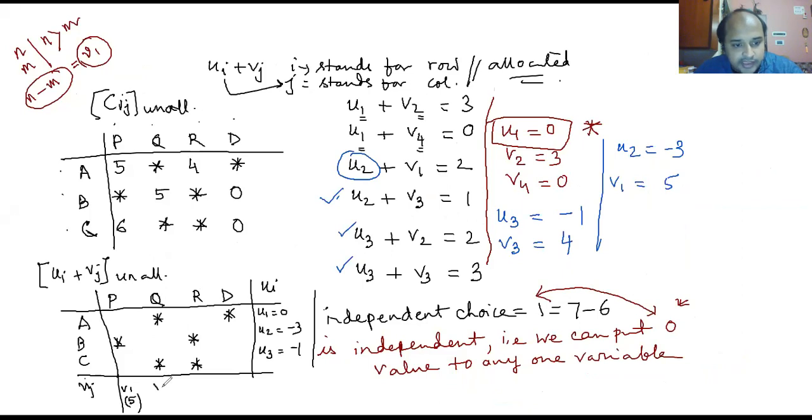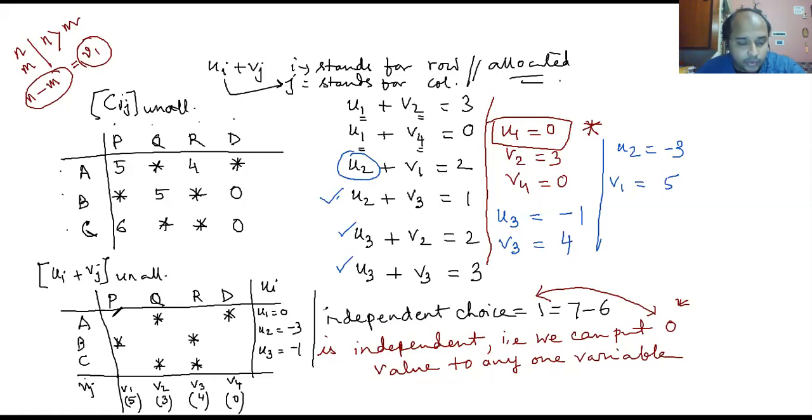My v2 is how much, it is 3. My v3 is 4, and my v4 is 0. Now I am going to use these numbers to calculate the blank portions.